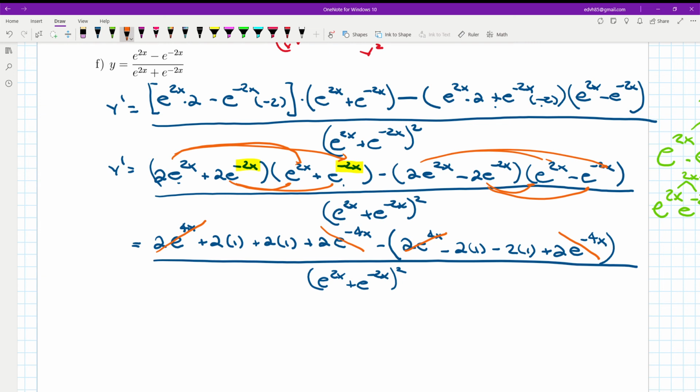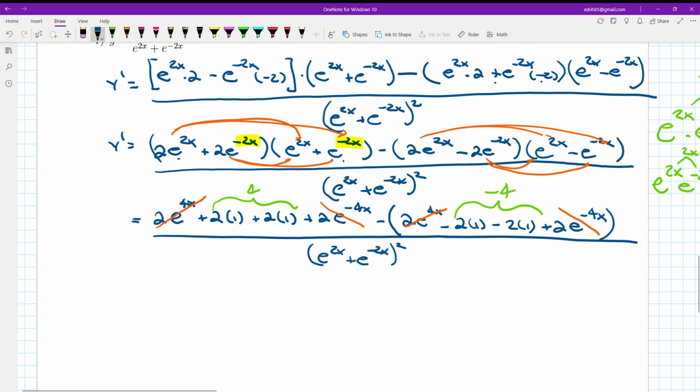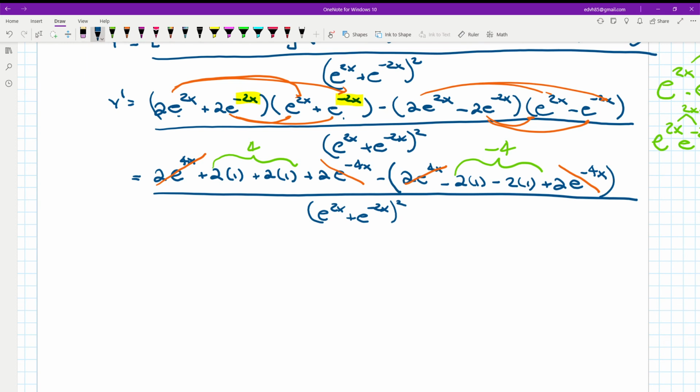We are left with 2 times 1 plus 2 times 1, that's a 4, and over here a negative 4. I know we had a lot of terms, but this one simplified really nicely. So that's a 4 minus a negative 4, the whole thing divided by e to the 2x plus e to the negative 2x quantity squared.